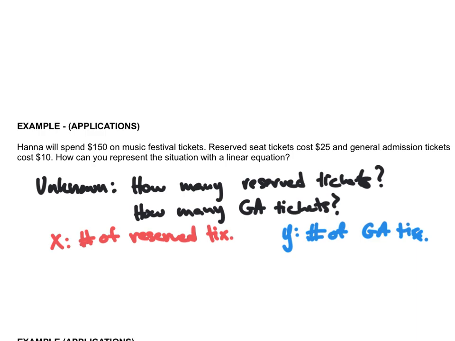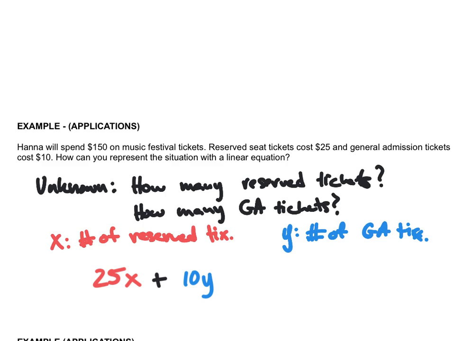So what I want to figure out is, reserved tickets cost $25, so I can write 25x plus 10y, because GA tickets cost $10.